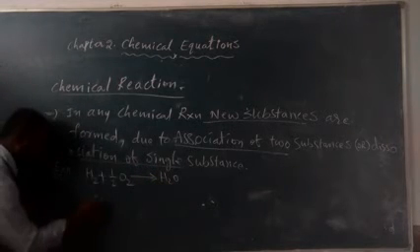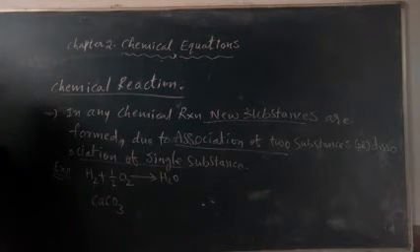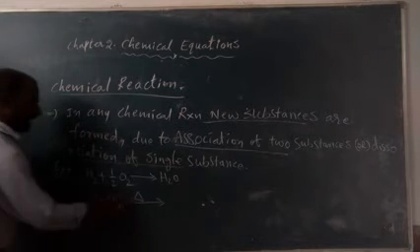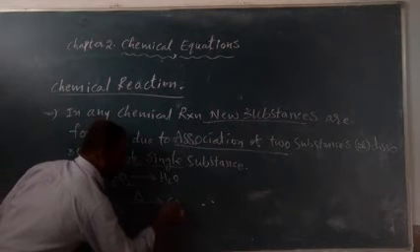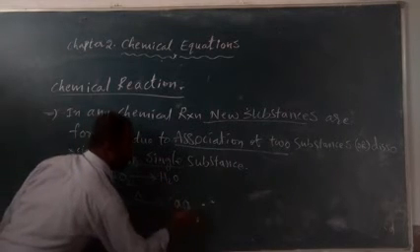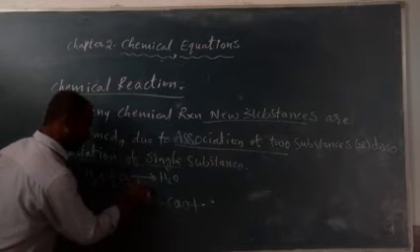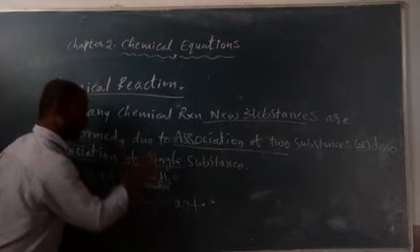For example, calcium carbonate, CaCO3. When we heat it at high temperature, it breaks down into two new substances. The above reaction is the association of two substances.